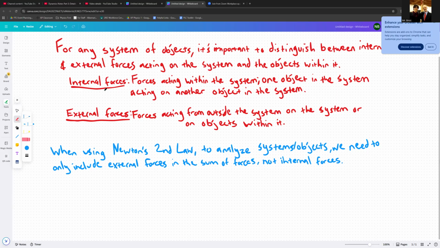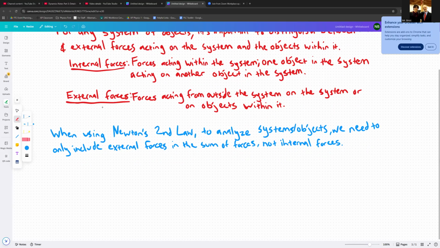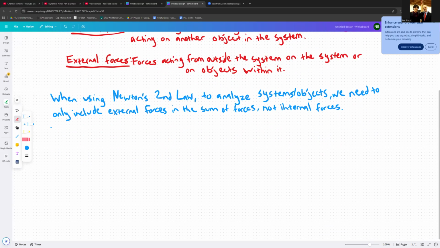So what this means, and how we further apply it to systems, is we have the option of using the sum of forces equation.